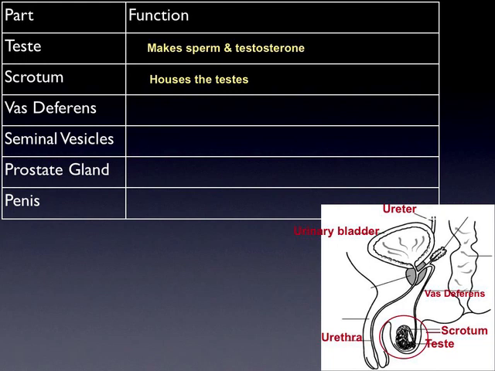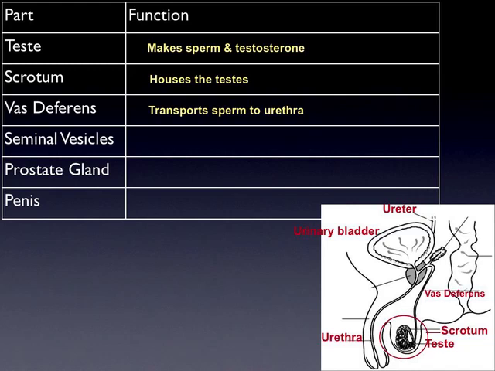All right. So the vas deferens transports sperm from the testes to the urethra, and then it leaves the body through the urethra. Along the way, there are a few glands that add different fluids and material to the sperm cells to form the semen.